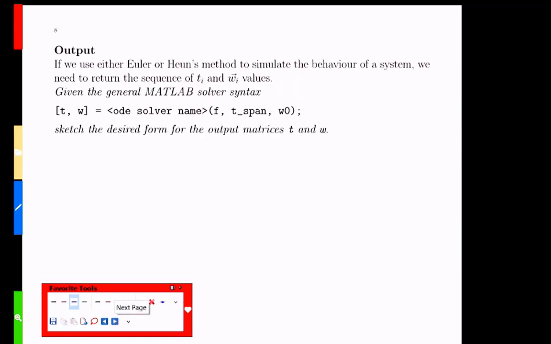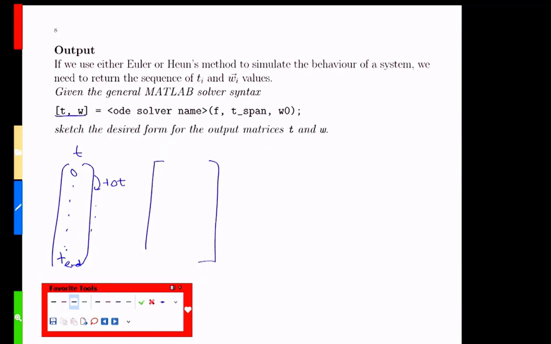What I want to focus on now is the input-output. So we know what we're going to have as input. As the output, we're going to get t, which is going to be a vector of time values, starting at 0, going up by delta t every time, whatever that is, and down to some t end value. Matching with that is what's my position, what's my velocity.